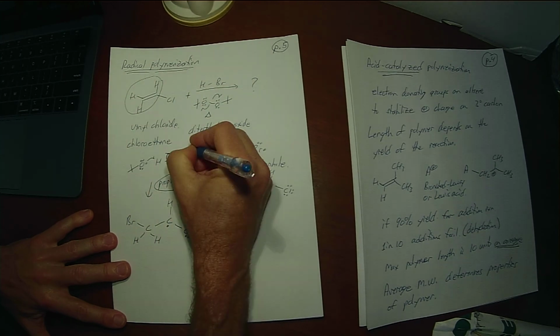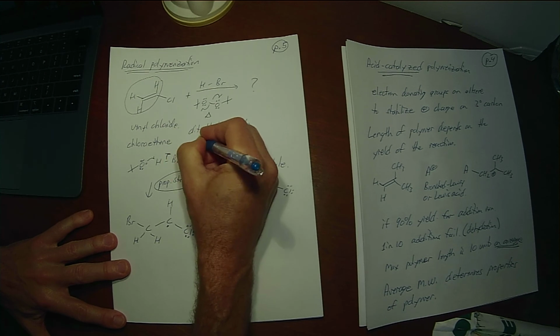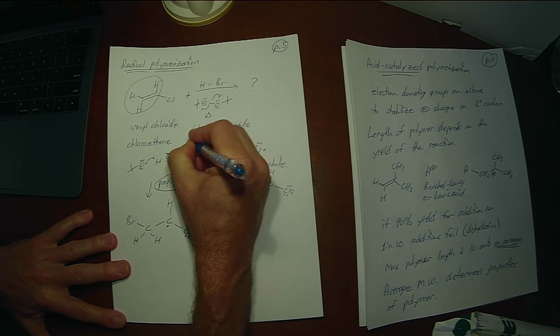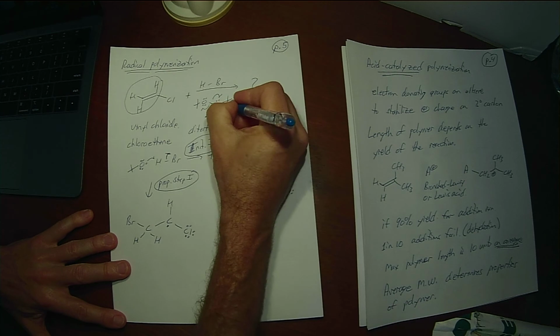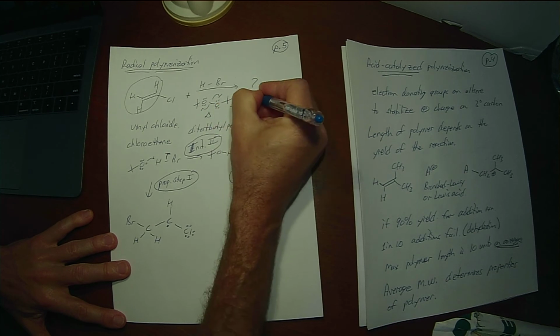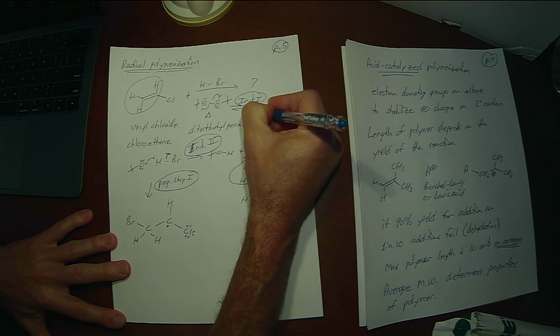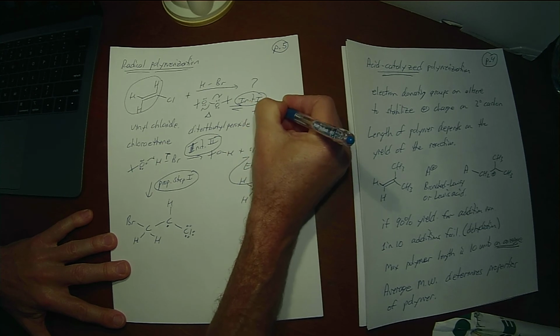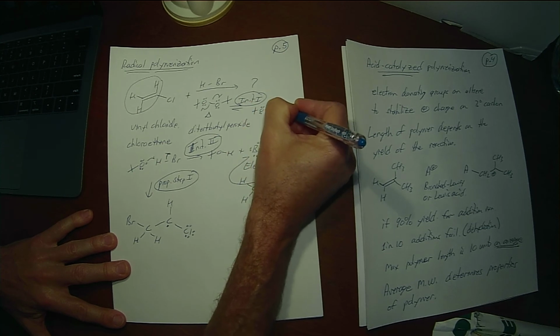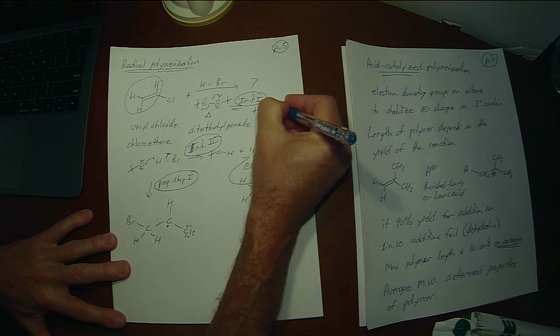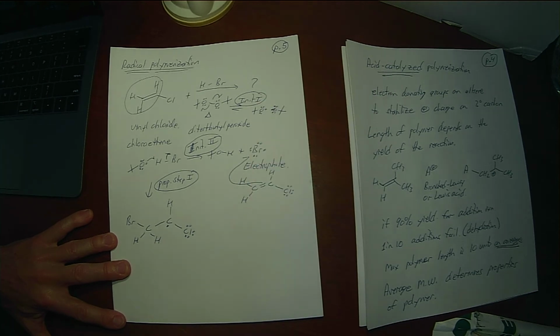This is addition step, or initiation step 2. Right, and initiation step 1 was just the formation of the t-butyl radical, sorry. So what would be the next propagation step?